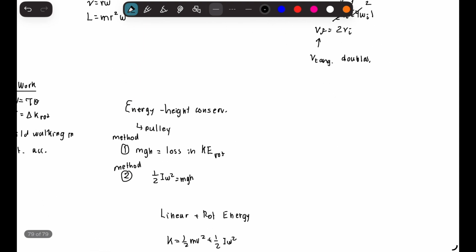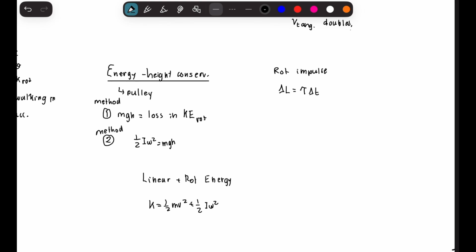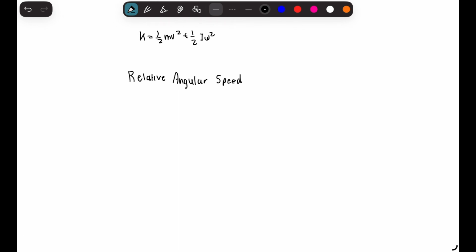In addition, sometimes you might have rotational impulse, which is when you have delta L is equal to torque times delta t. At the same time, you may have relative motion problems where you're asked to find a magnitude of something relative to another.